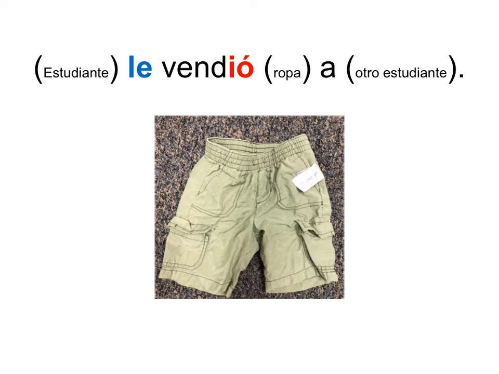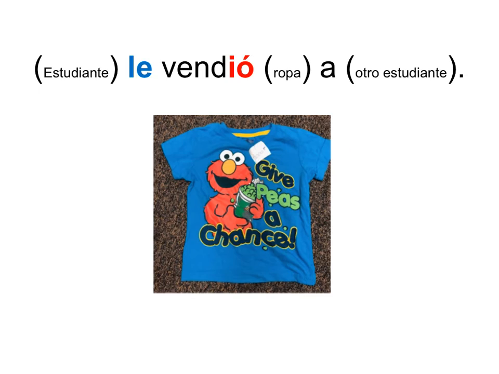Tyrese, ¿no? Tyrese le vendió los pantalones cortos a Elizabeth. ¿Por cuánto? 10,000 pesos. Y por último, la camisa.